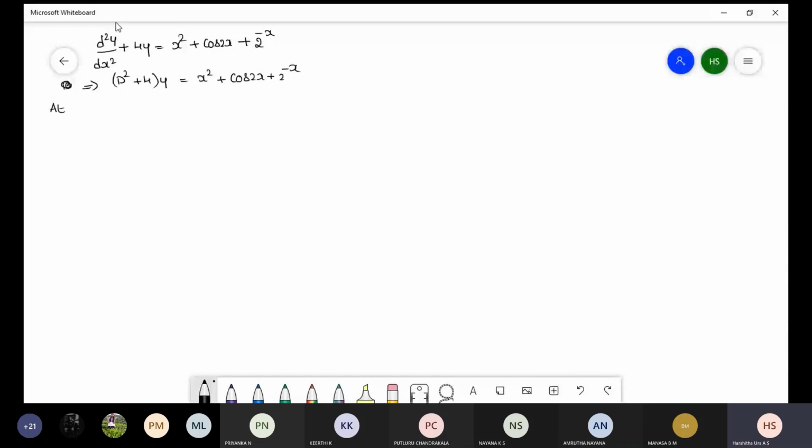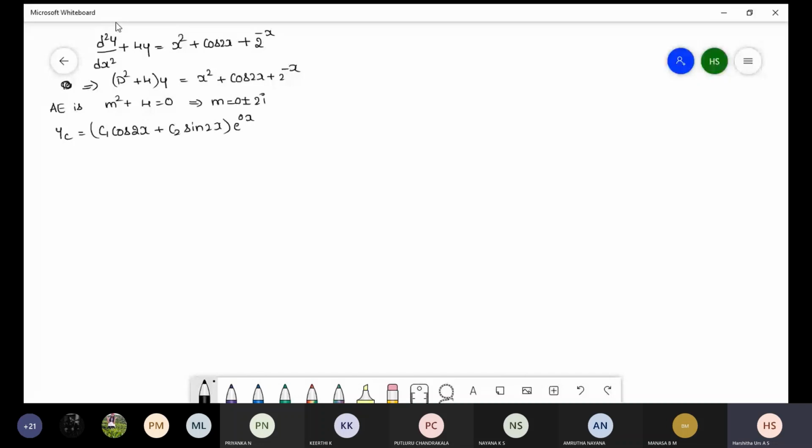Auxiliary equation is m square plus 4 is equal to 0. So we get m is equal to plus or minus 2i. Yc is equal to c1 cos 2x plus c2 sin 2x because the p value we have 0 here. So I write e power 0x. Now yp.